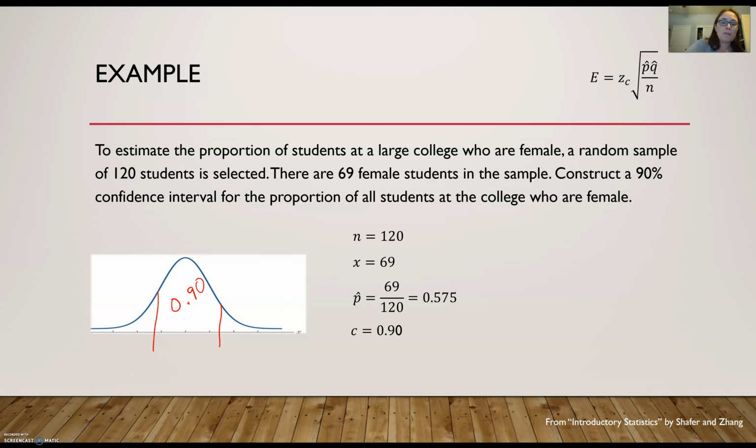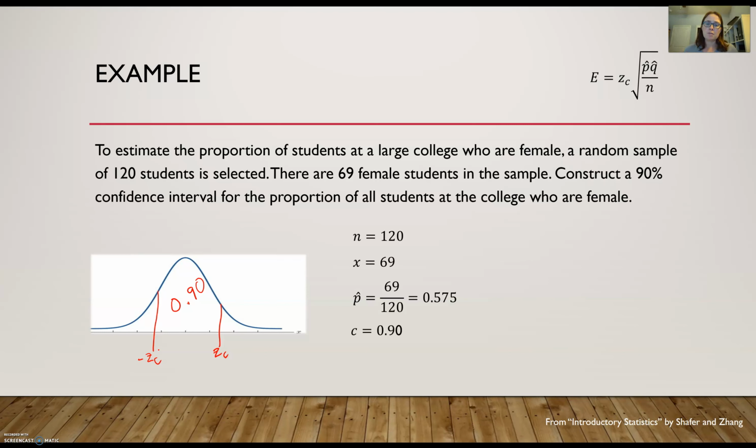And so the z-score that I need is right here. And the negative of that z-score also shows up on the left. And so I need to come up with an area that I can plug into my calculator to find one of those two z-scores, and then I'll just take the positive of it to plug into my error formula.